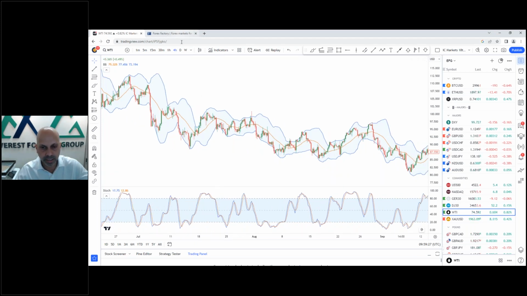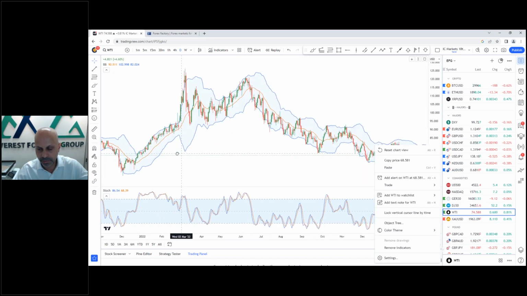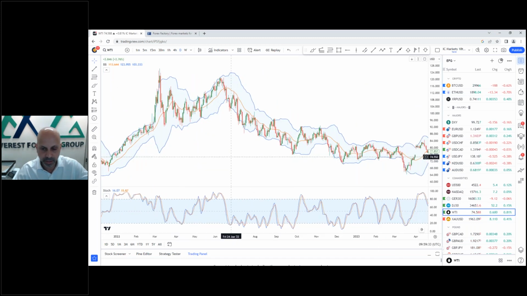That is why I prefer to use the daily time frame first, especially with the stochastic dropping below 20, and using that as the potential flag to see a reversal to the upside, and then zoom in onto the H4.